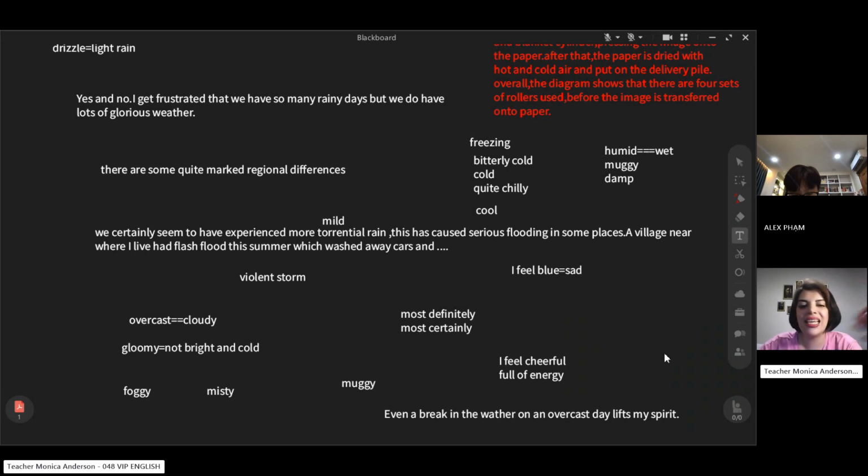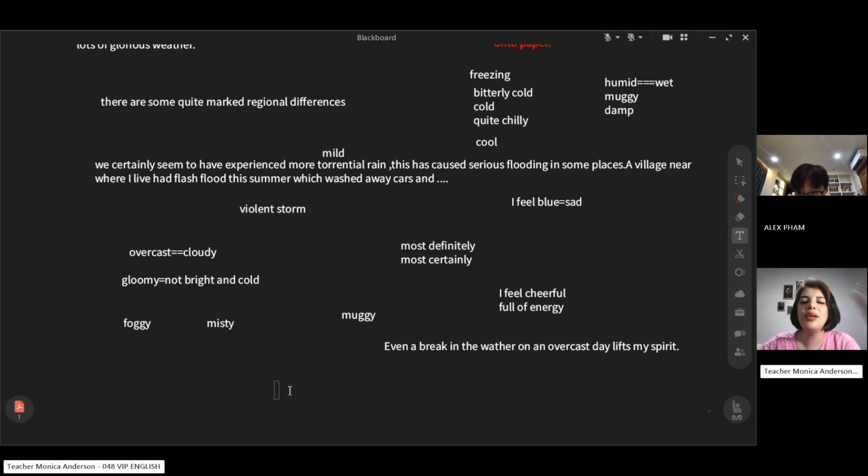That means a change from unpleasant to more pleasant weather. So the first one, break in the weather, means a change from unpleasant to more pleasant weather. This is the first one.